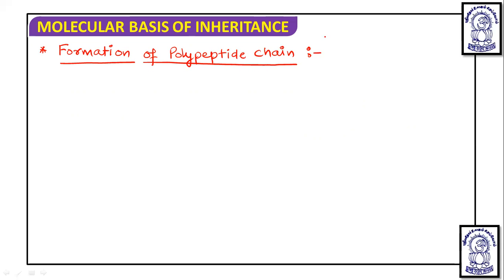Formation of the polypeptide chain completes in 3 steps.